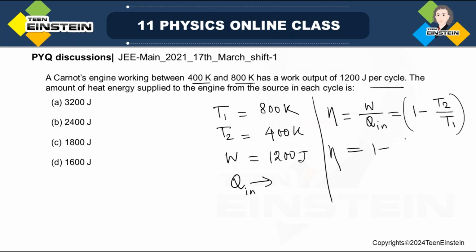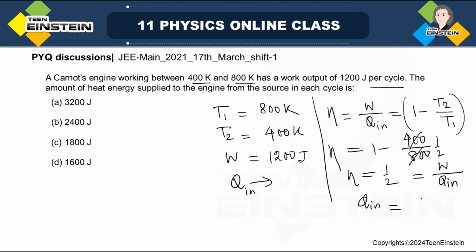So from here we can find eta. Eta is equal to 1 minus 400 by 800, which is half, so 1 minus half will be half. So eta is equal to half. Further, eta is equal to W by Q in, the heat input. We know W, so I can find Q in.